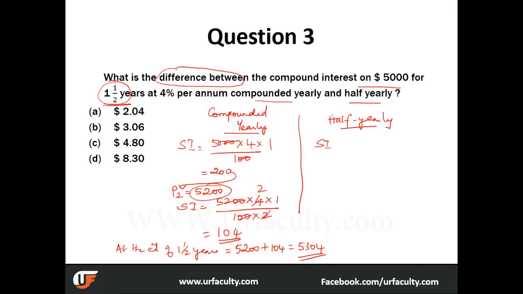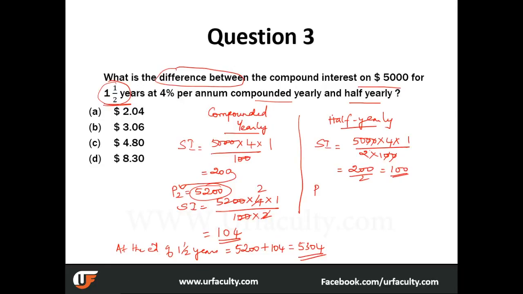So simple interest is equal to what? We are now going to do a compounded half yearly basis. Okay, 5,000 into 4 into 1 by 2 into 100. This is equal to 5 4s are 20, 200. Right? Sorry, 200 by 2, which is equal to 100.